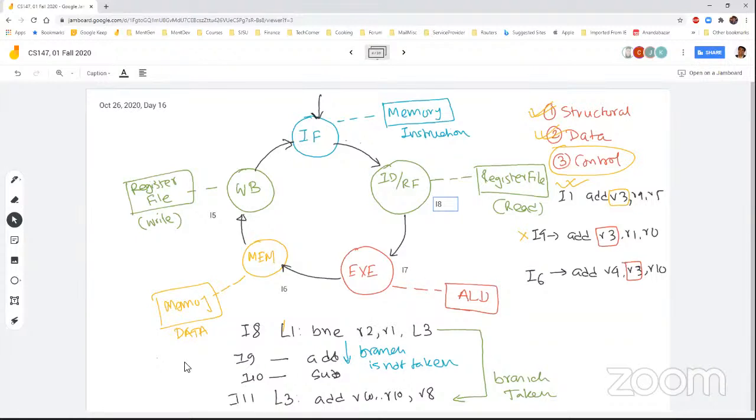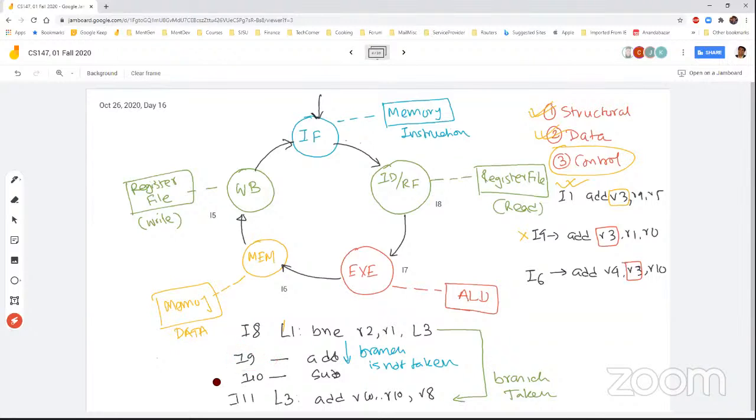Because depending on this comparison result, which is not done yet, it will be done in the exe phase. Only after that comparison is done, the controller will know whether to fetch the next instruction as instruction 11, that is branch taken, or instruction 9, right?